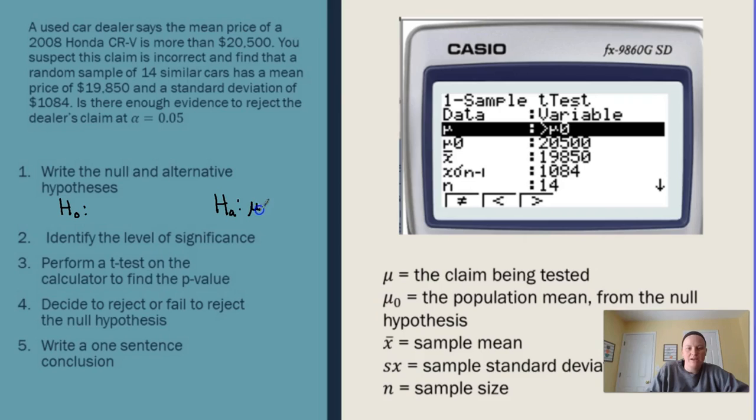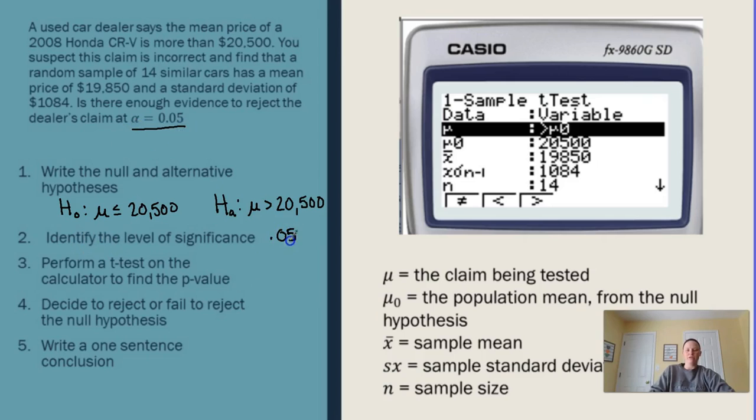Because that doesn't have the equals, it's just more than, that's going to go in my alternative hypothesis. So my alternative is that the mean is greater than 20,500, which means my null would be that the mean is less than or equal to 20,500.